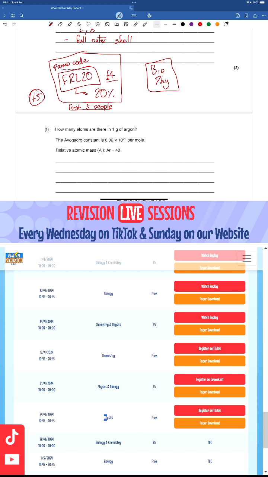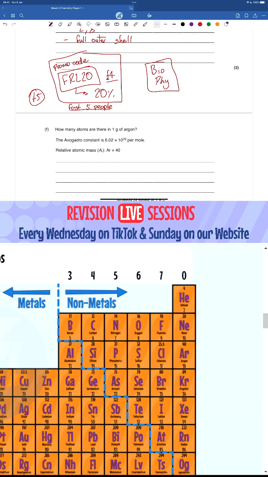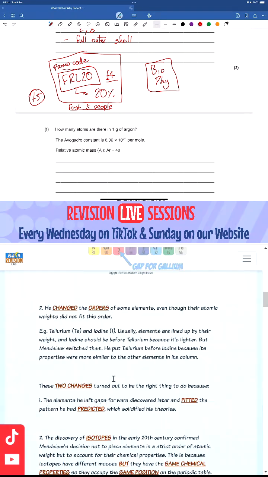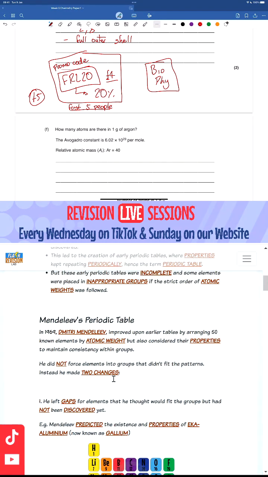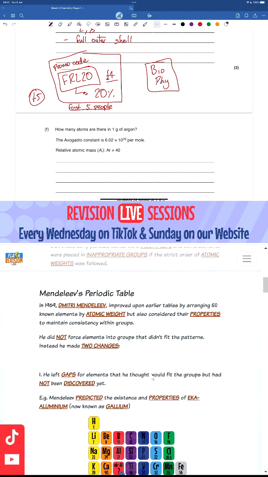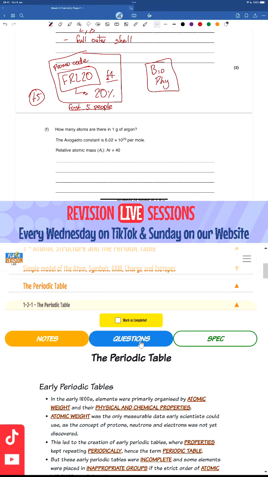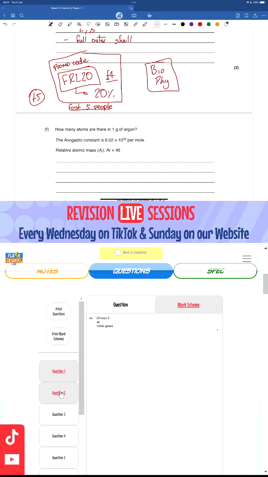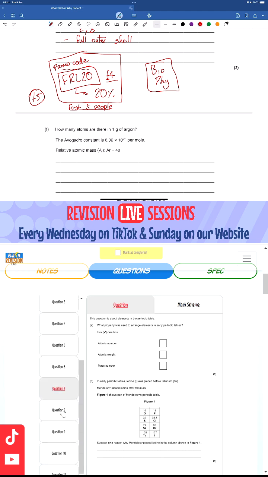Any tips? Like I say all the time, go through the notes. Try and write down things as you go through the notes. Anything you don't understand, or anything that you're learning new, write that down on a piece of paper. And then try exam questions on that specific topic. Check the mark schemes and work your way through all the questions.